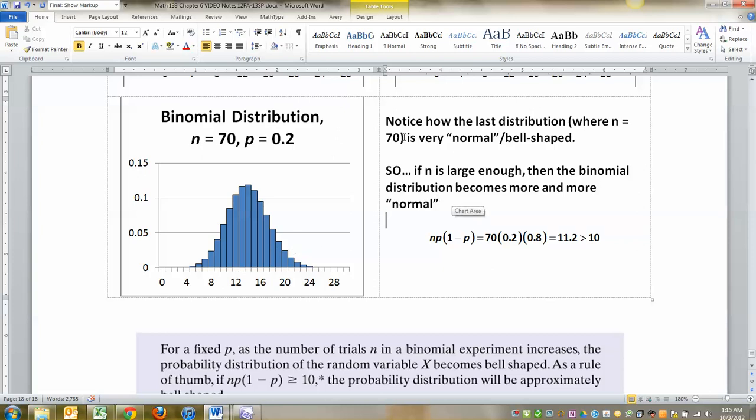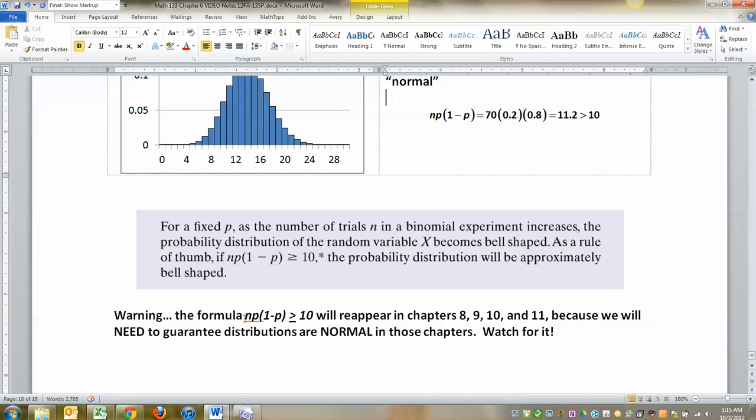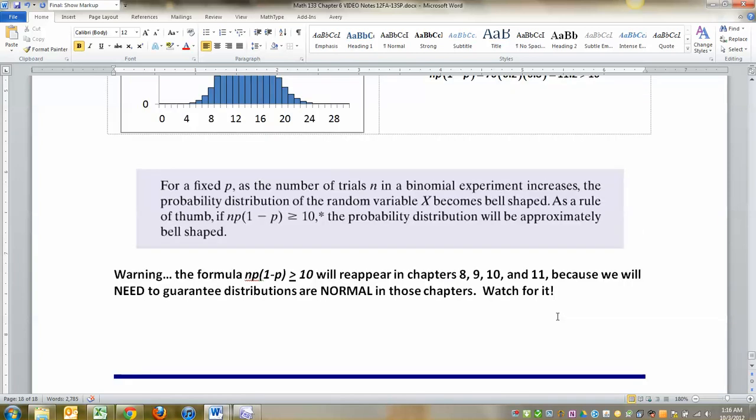But if you get a big enough sample, like 1,000 people, then you can treat it more or less like it's continuous and normal. And that's what we'll deal with in chapter 8. I wrote it down here. This whole n times p times 1 minus p is a big, big, big deal. It's going to allow us to use normal distributions for all sorts of binomial things, i.e. surveys and polls, when we get to chapters 9 and 10 and 11.